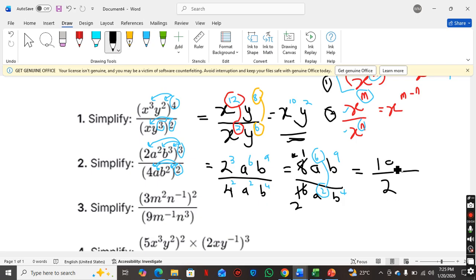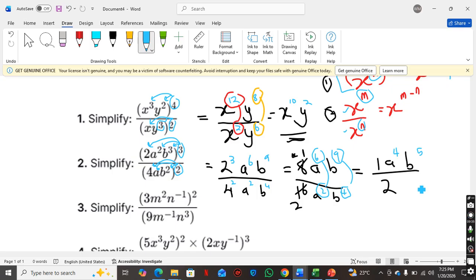So we have a to the power 4. Then we have 9 minus 4, that is 5. So we have b to the power 5. So this is our final answer.